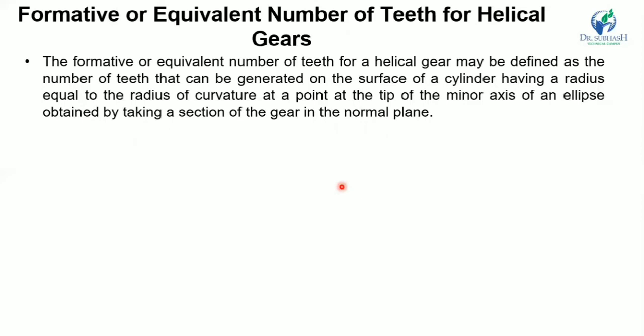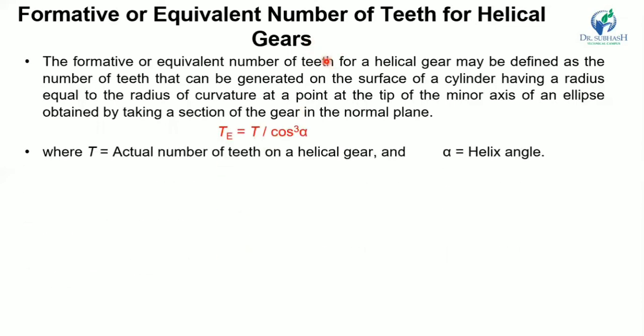Here in this case, the formative or equivalent number of teeth means the number of teeth equivalent to a spur gear, and it is given by the equation TE is equal to T upon cos cube alpha, where T is the actual number of teeth on the helical gear and alpha is the helix angle. So the equivalent number of teeth TE is given by this equation.